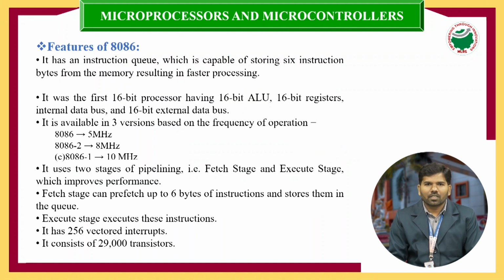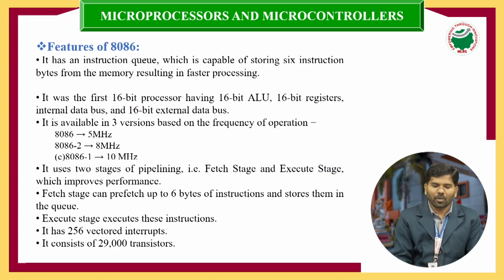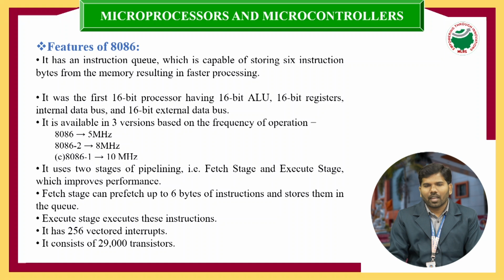So these are the general features of 8086 microprocessor. It consists of a 6-byte instruction queue, which will increase the execution speed. It was the first 16-bit microprocessor having 16-bit ALU, 16-bit registers, internal data bus and 16-bit external data bus, and it is available in 3 versions: 5 MHz, 8 MHz and 10 MHz.